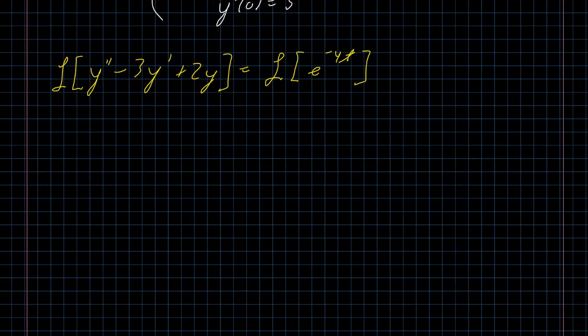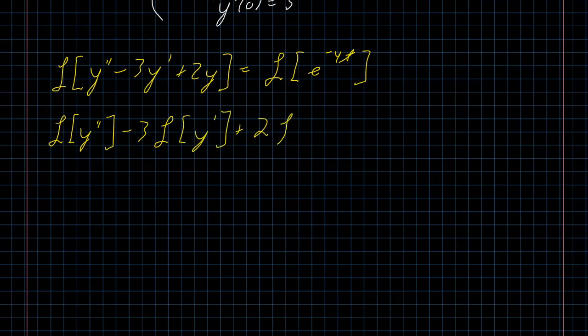Then I can use the property of linearity to rewrite the Laplace transform on the left-hand side as Laplace transforms of the individual pieces, before going back and using the table of Laplace transforms to evaluate each of these things.